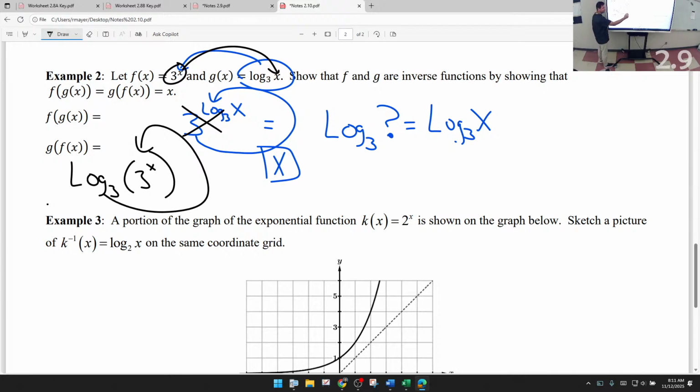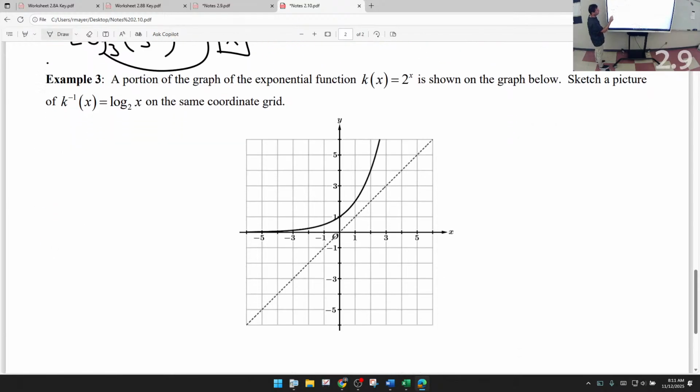Three to what is 3 to the x? I'll be curious to see how you guys do on homework on that. Okay.